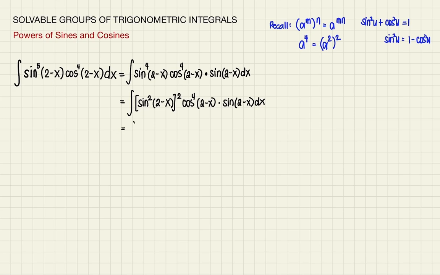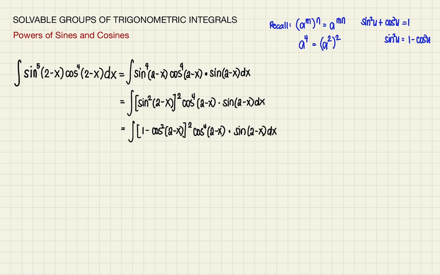So rewriting, we now have 1 minus cosine squared of 2 minus x, quantity raised to the power of 2, cosine to the power of 4 of 2 minus x, sine of 2 minus x dx.